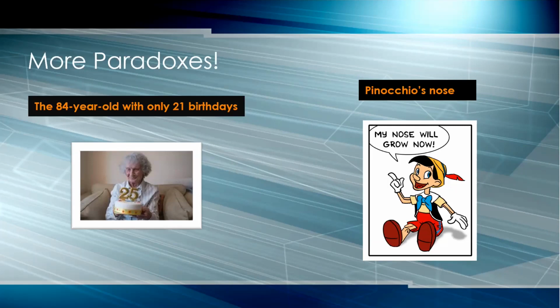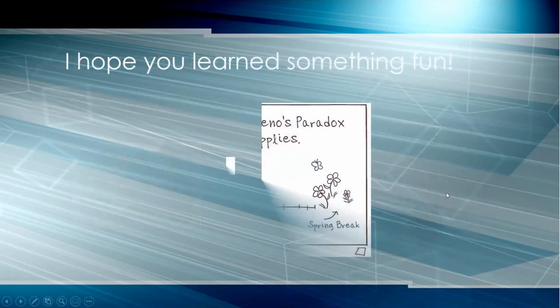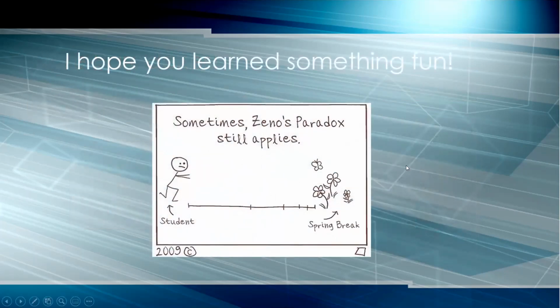Because as soon as it starts to grow, the statement becomes true, and his nose has to stop growing. So that's one last non-math paradox for you. And I hope you learned something fun.